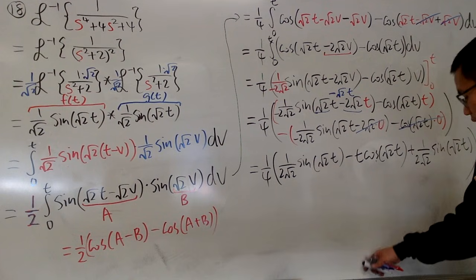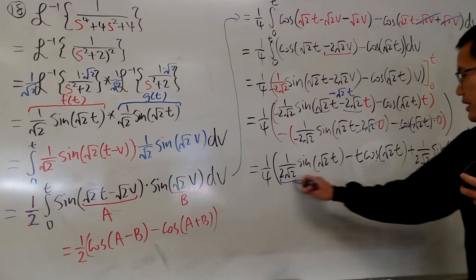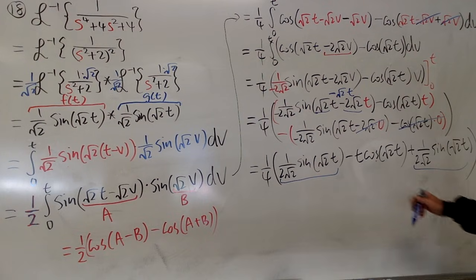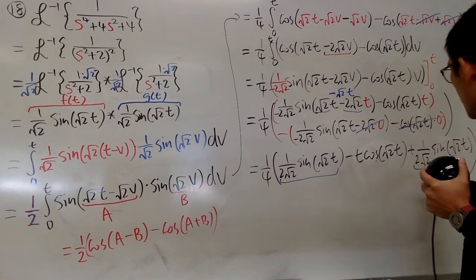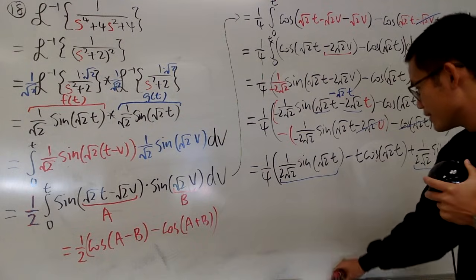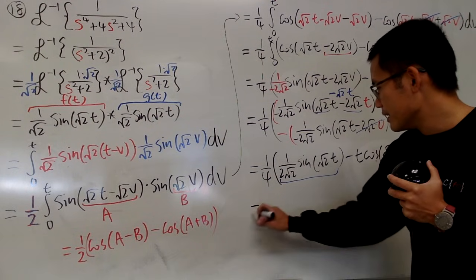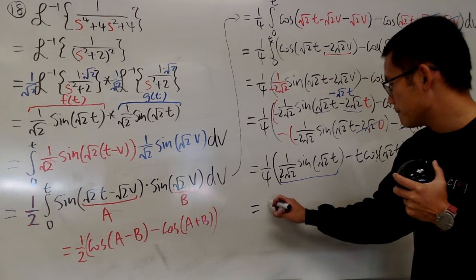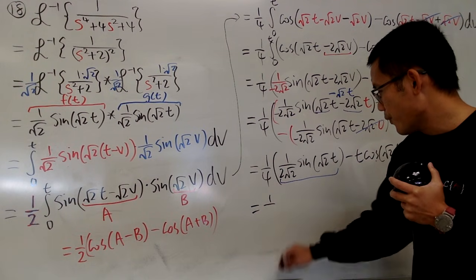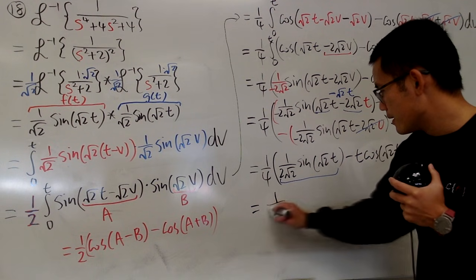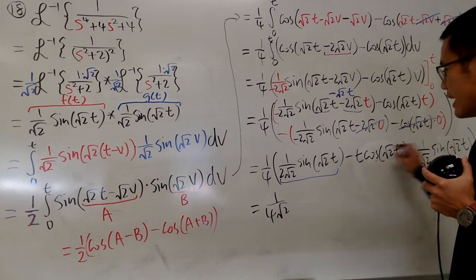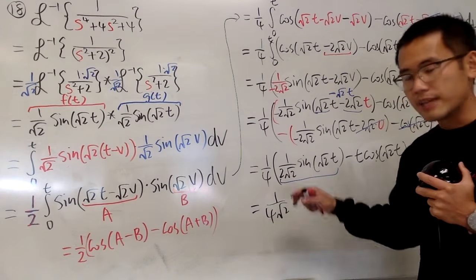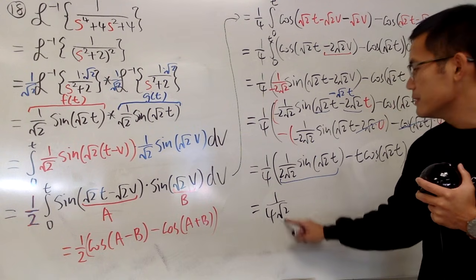Now, let's see. Another thing we can do is this and that can be combined. When you combine this and that, it's just 2 over that. So the 2 will be gone, right? So I will just write this down. This is 1 over 4 times, multiplying in the square root of 2, this plus that is 2 over 2 square root of 2. 2 and 2 cancel, so we have the square root of 2 left on the bottom, and 1 over 4 in the front.